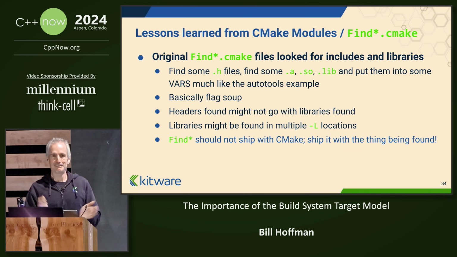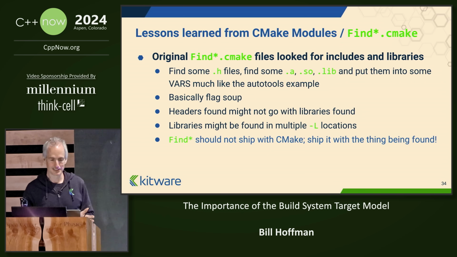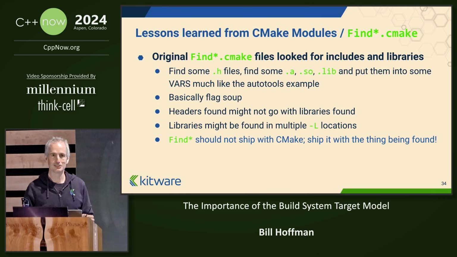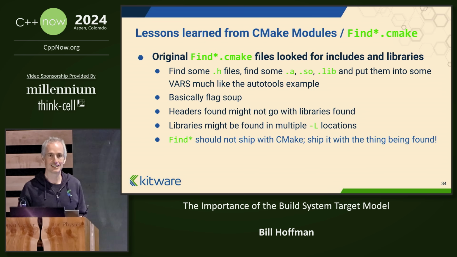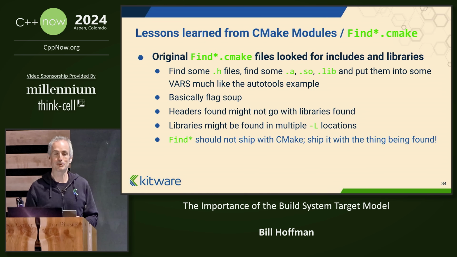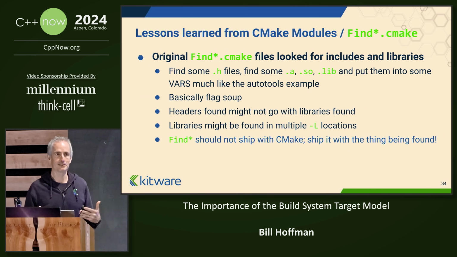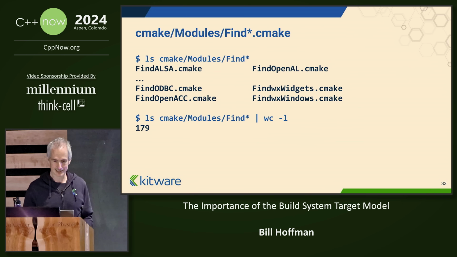But the real answer here is that find* shouldn't ship with CMake. It should ship with the thing being found. And it should be provided not in CMake, because you're always going to run into a version problem here. So if a new version of, let's take one of these, OpenACC comes out, it should be able to communicate to CMake that things have changed.